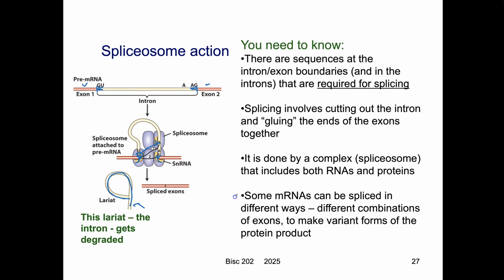And just another thing to note, that there are no introns in prokaryotes, but in eukaryotes, it's been known for some time that there are quite a few fewer genes than you might expect for a much more complex organism. You know, think of humans with only about 20,000 genes or so.